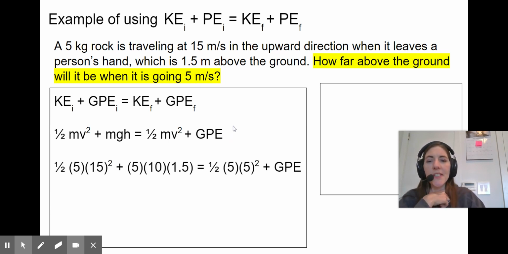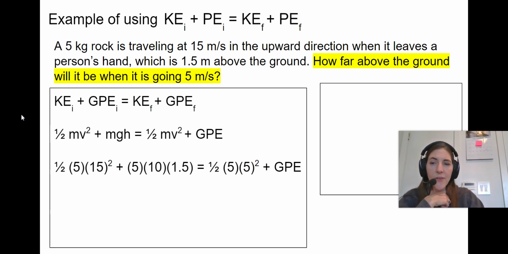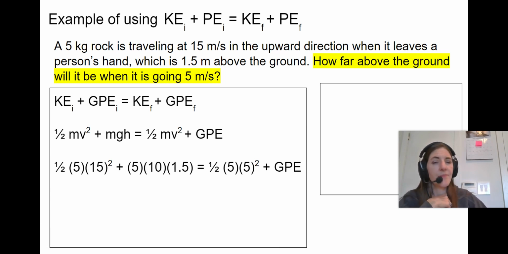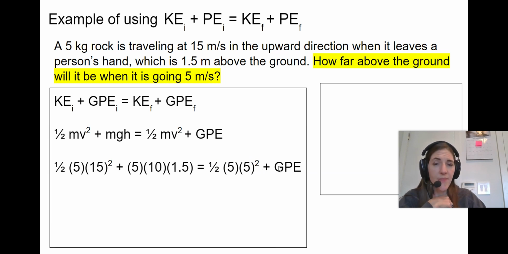So when we plug the numbers in, we get 1/2 times 5 times 15 squared, which is my initial kinetic energy, plus mass times gravity times height, so 5 kilograms times g, which is 10 meters per second squared, times height, which is 1.5 meters, which is in the problem, is going to equal my final kinetic energy plus my gravitational potential energy. So my final kinetic energy is 1/2 times 5 squared plus the GPE.